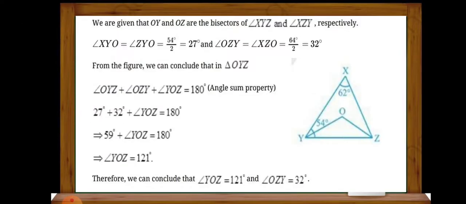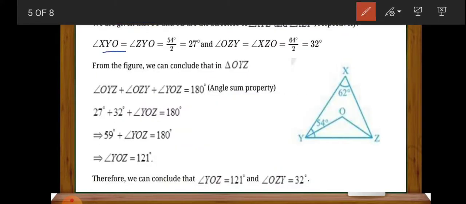Now we are given that OY and OZ are the bisectors of angle XYZ and angle XZY respectively. So angle XYO is equal to angle ZYO, which is equal to 54 by 2, which is equal to 27 degrees.